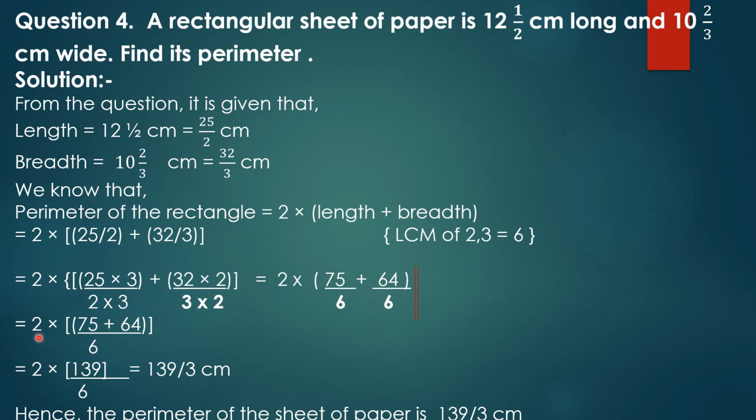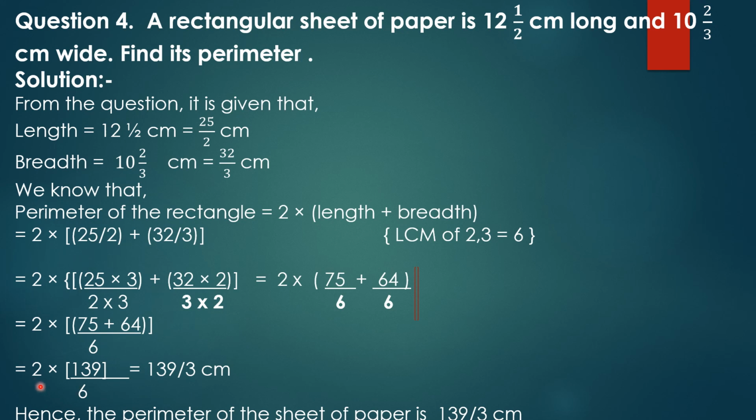And next write down 2 into as it is, and add the numerators because the denominators are the same. Therefore this will become 75 plus 64 divided by 6. What is 75 plus 64? It is 139 divided by 6, and therefore this will become 2 into 139 divided by 6.